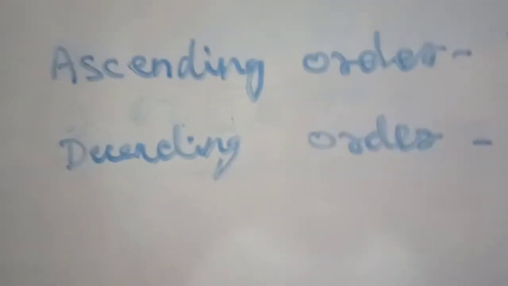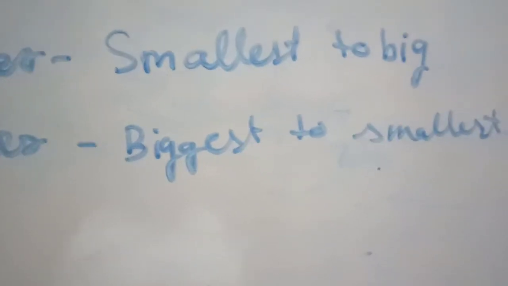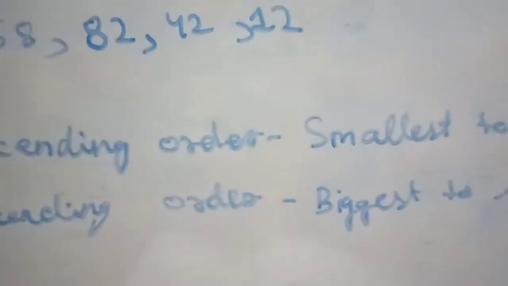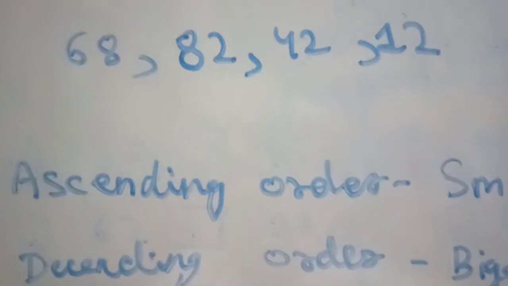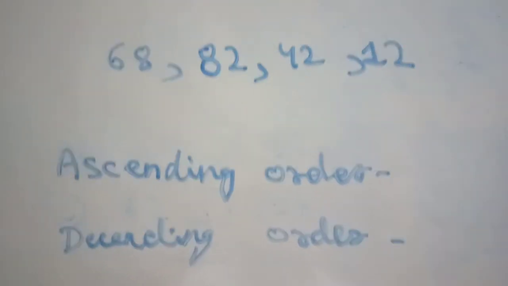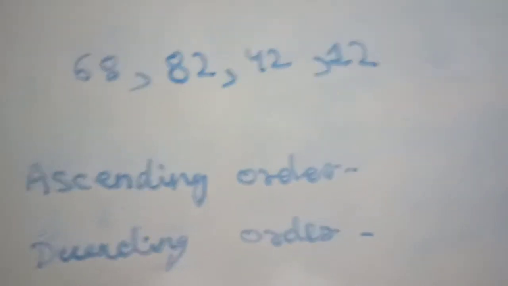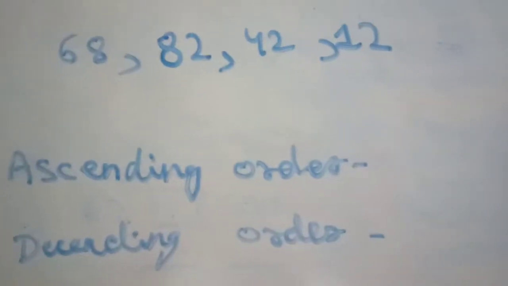In descending order we have biggest to smallest, like 5, 4, 3, 2 and 1. How will we put them in ascending order? We will just take the help of the rule, from smallest to biggest.